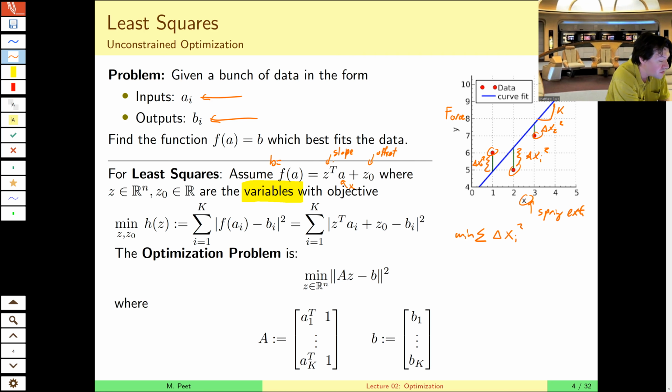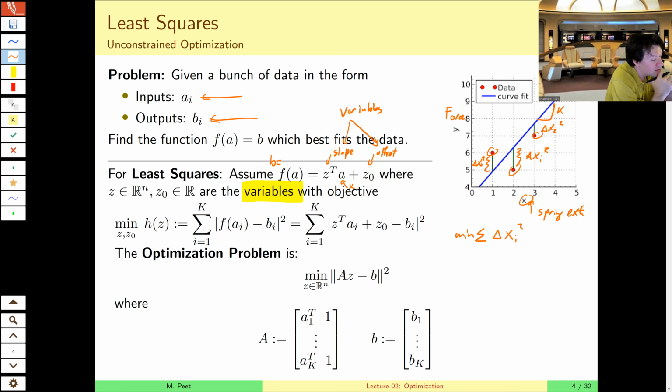The slope is our first variable, and the second variable is our offset. So this parameterizes every possible line on the variables. The data is not a variable. The data is given. We can't choose the data that we have. Well, I guess we can leave out some data, but let's ignore that problem. So the variables are the parameters of the line, the slope and the offset.